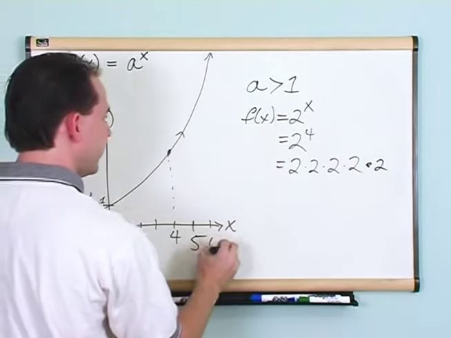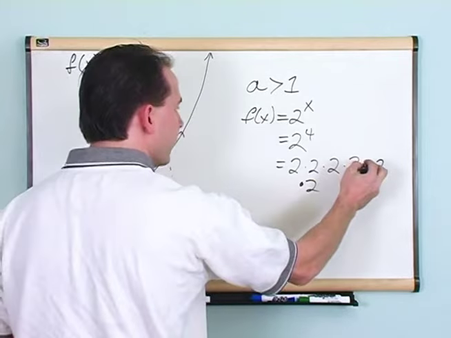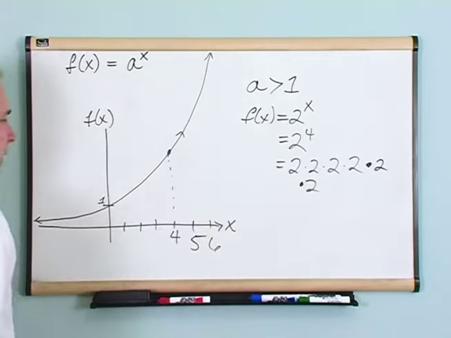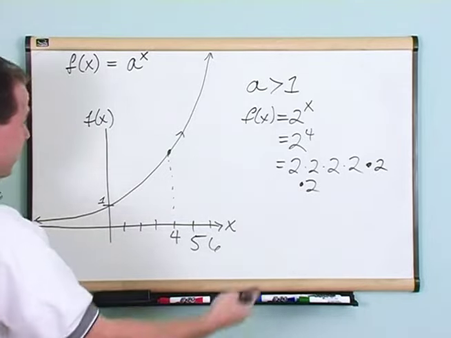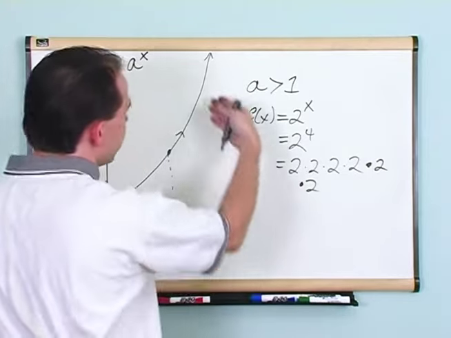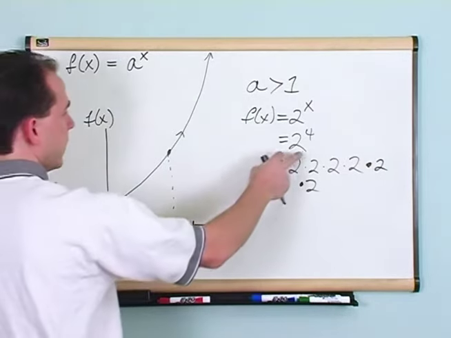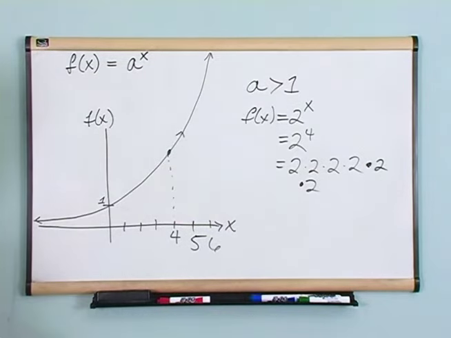If x is equal to 6, you multiply by another 2. So you see, as you go more and more to the right, it not only gets bigger, but it gets multiplicatively bigger, because every time you go to the right, it's multiplied again by itself. So this thing gets huge.